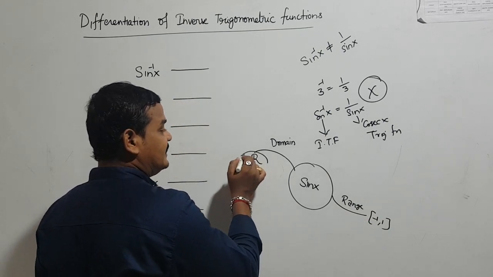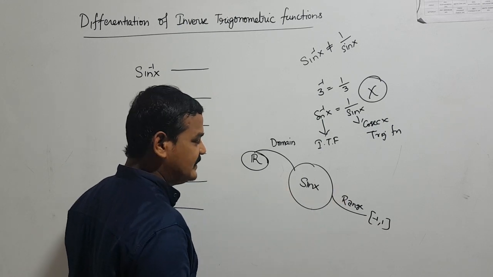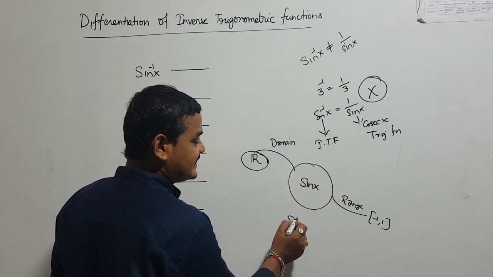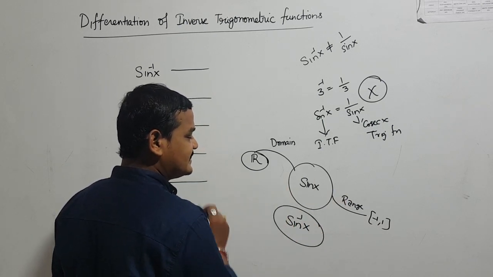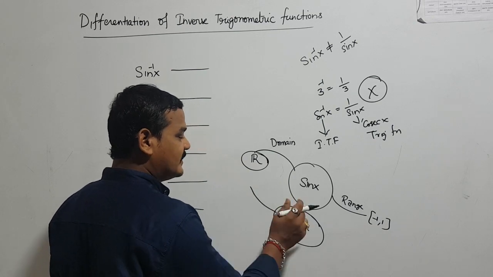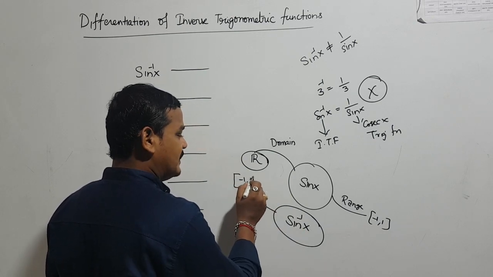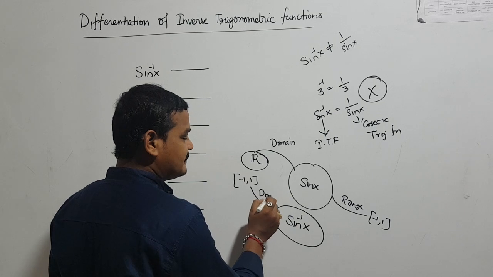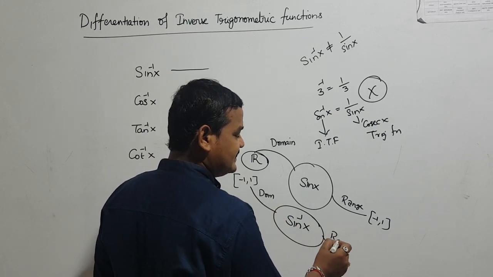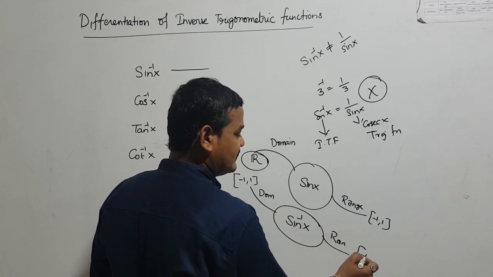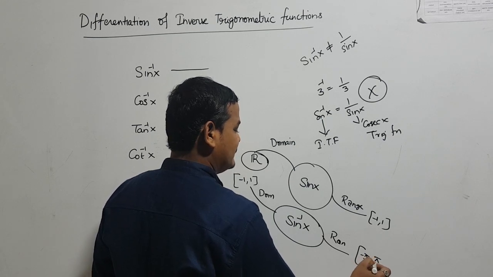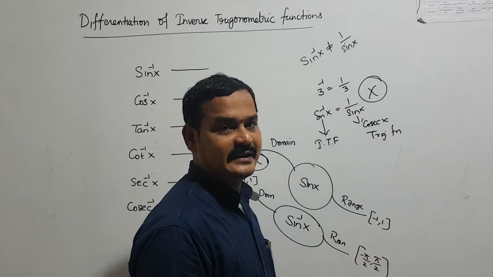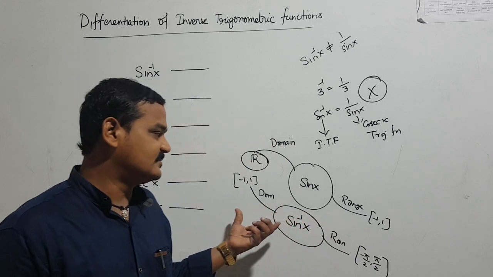But an inverse cannot exist for every real number, so there is a restricted domain. For sin inverse x, the domain is minus 1 to 1, and the range always lies between minus pi by 2 to pi by 2. This is learned in inverse trigonometric functions in the first unit.